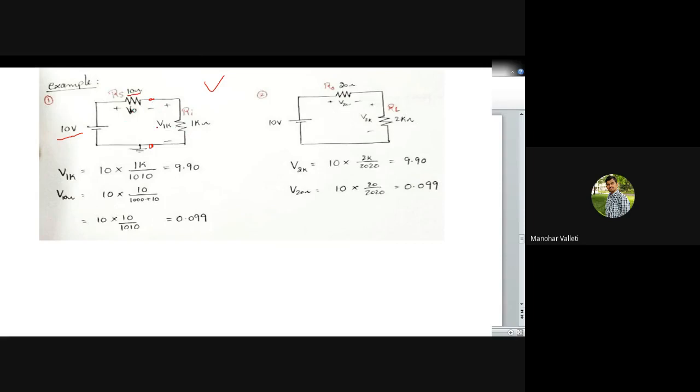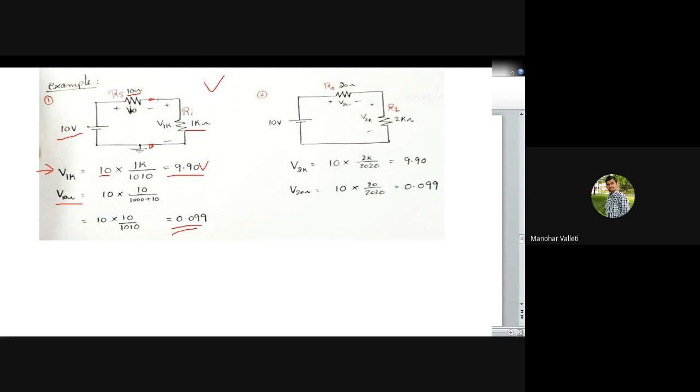If you find the voltage across the 10 ohm and across the 1 kilo ohm, using the voltage division rule, the voltage across the 1 kilo ohm is 9.990 volts. In the same way, the voltage across 10 ohm is almost 0.09.